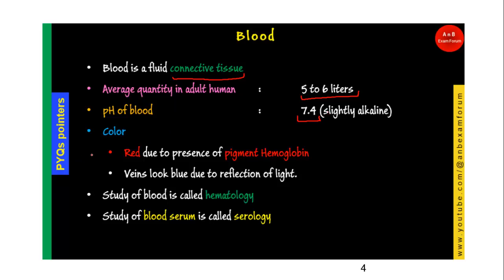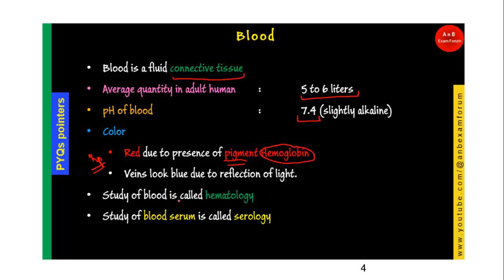And the very important one: why is human blood color red? The color of human blood is red due to the pigment found in the blood, called hemoglobin. Veins sometimes look blue because of the reflection of light.